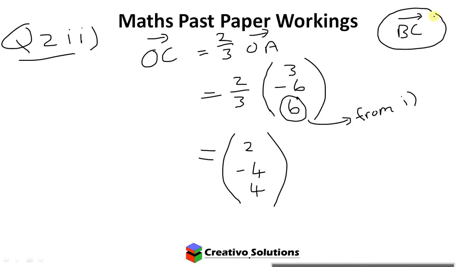Okay, so for this one, it's the opposite because they wanted the direction BC. So BC would have been what you drew here. Okay, so I'm just going to draw this here.